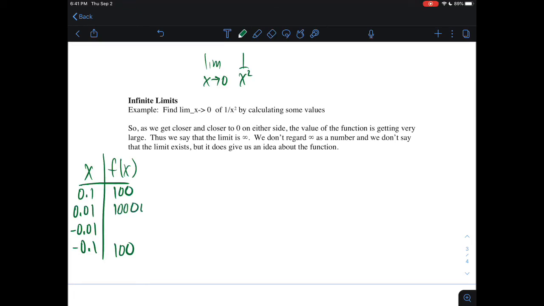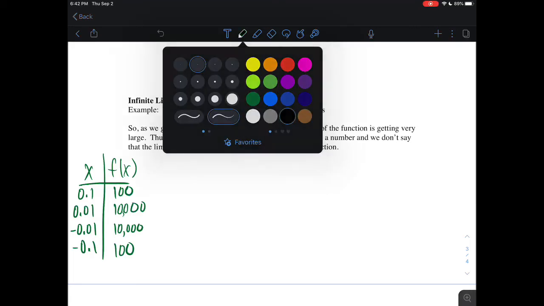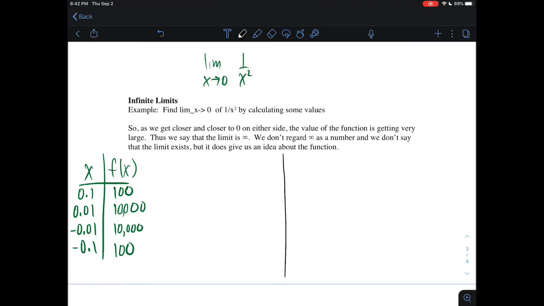So our suspicion is correct, where we're saying if we keep dividing by smaller and smaller numbers, we actually get larger and larger results. And it doesn't matter if they're negative or positive when we're putting them in. This goes back to looking again at a rational function graph. But the value of our function is always positive, and essentially what we have is a vertical asymptote at x equals 0.